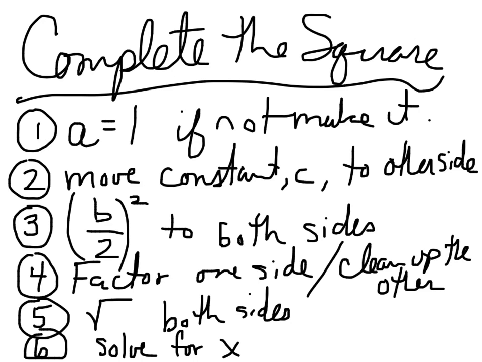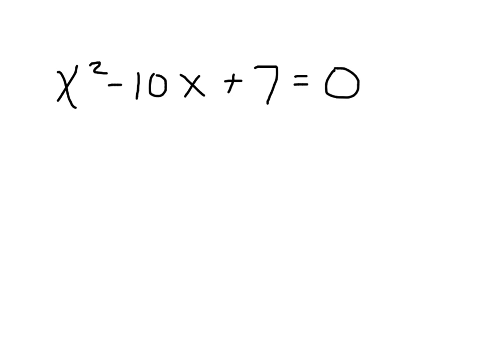All of them can solve the same problem. It's just which one you want to choose. So, here's what it's going to look like. It's going to look like this. X squared minus 10x plus 7 equals 0. And it's going to say, solve by completing the square.